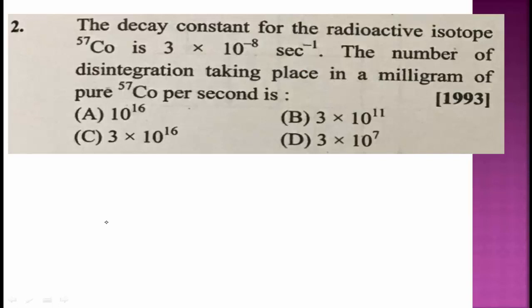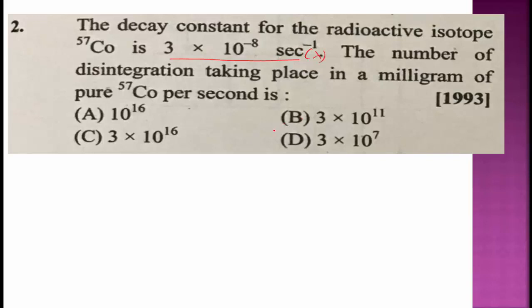And the next question is on the decay constant. The decay constant for the radioactive isotope of cobalt 57 is 3 into 10 to the power of minus 8 per second. This is the decay constant lambda.